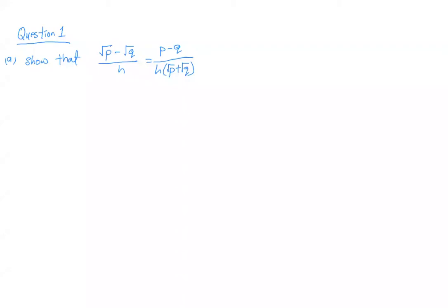So the answer. I will write down the left hand side: square root of p minus square root of q over h. Okay, so look, when we have a fraction, if you look at what you need to show, what is at the bottom here? Square root of p plus square root of q, am I right?